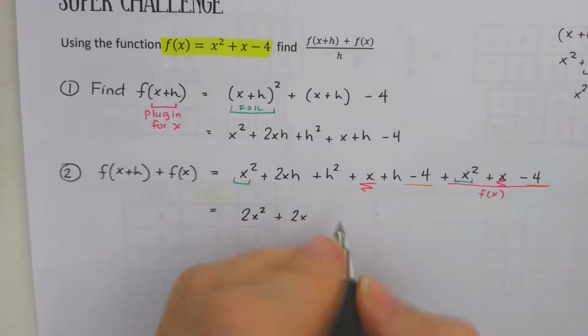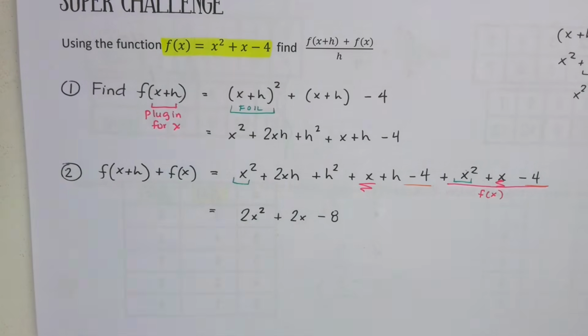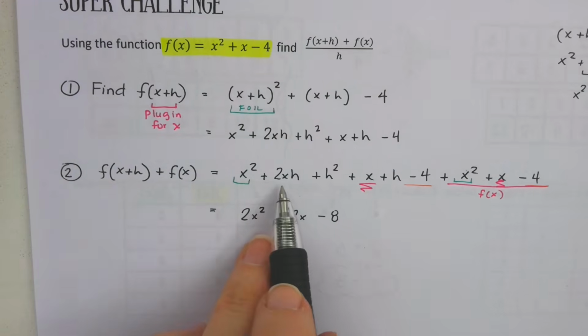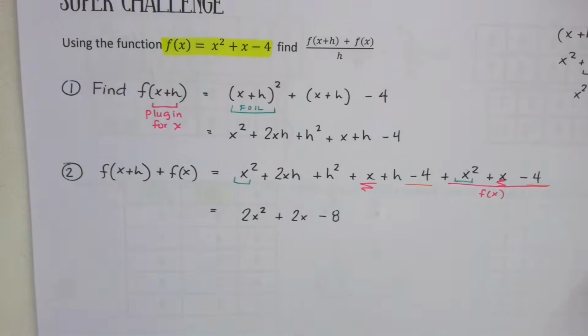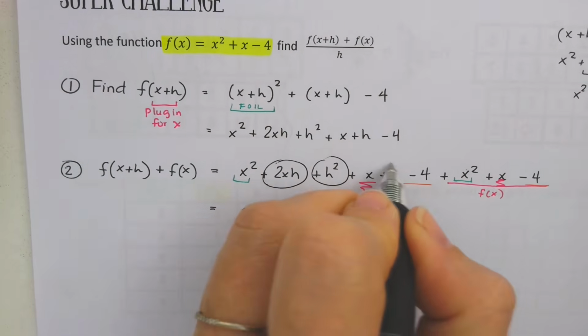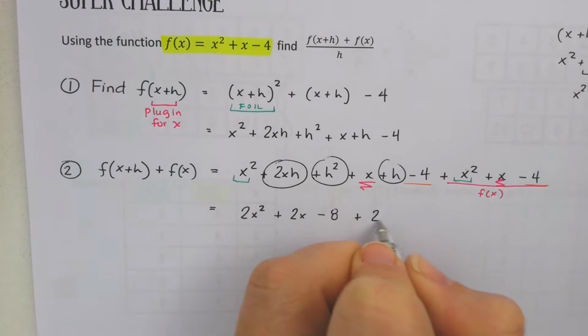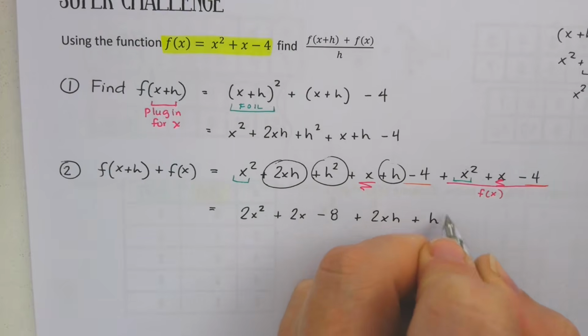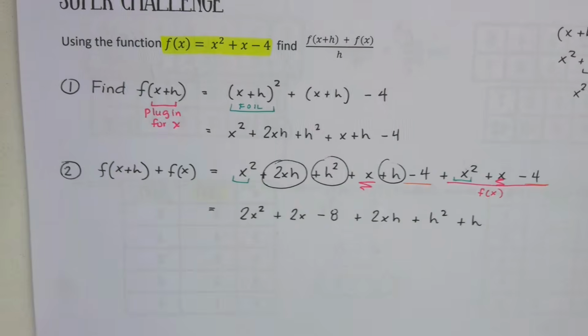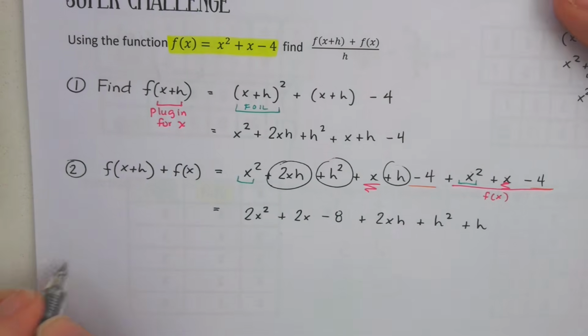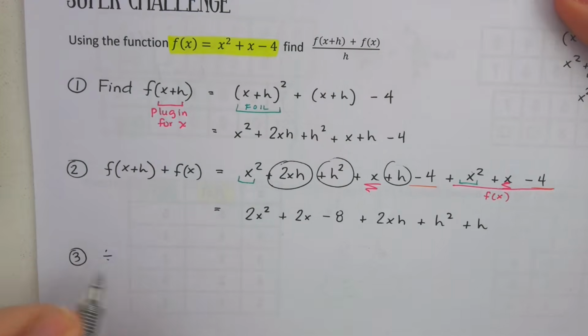Negative 8. What do I do with this 2xh, this h squared, and this h? Bring it down. Yeah, just add it to your answer. Plus 2xh plus h squared plus h. We're almost there. That's step 2. What's step 3? Divide by h.